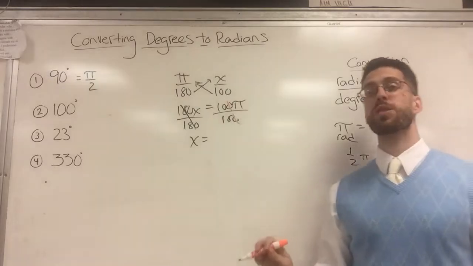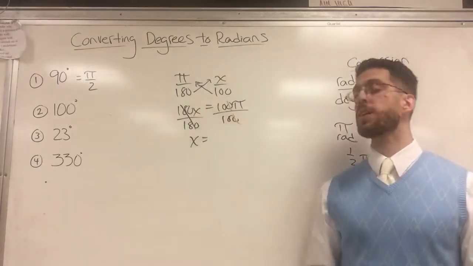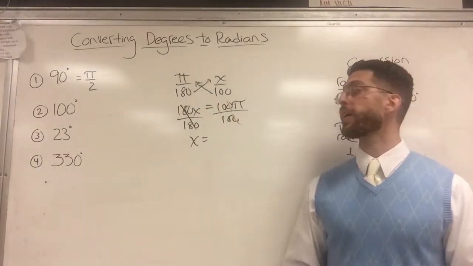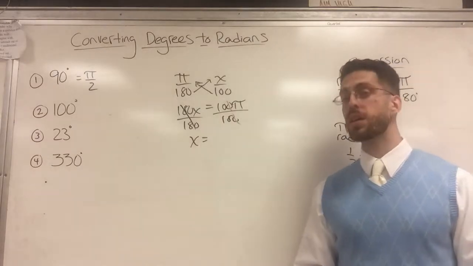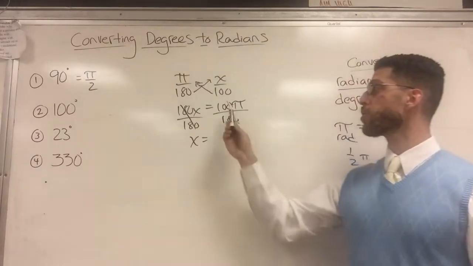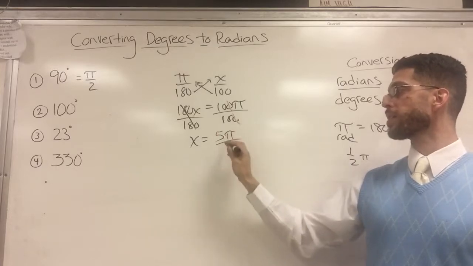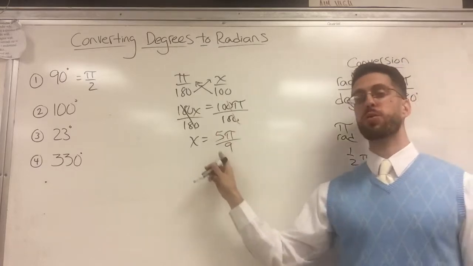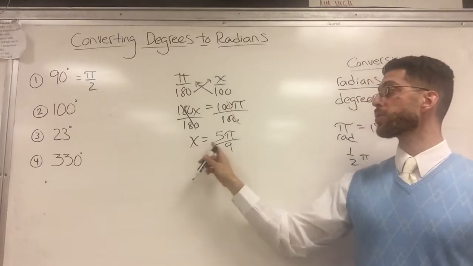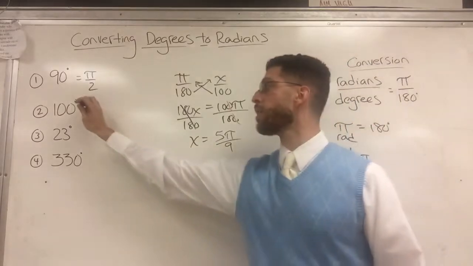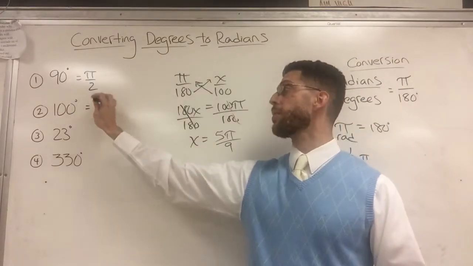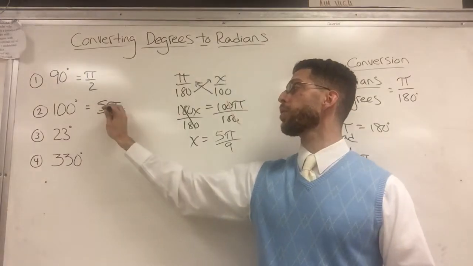So I'm going to cross out the zeros. Now I'm looking at 10 over 18, and my greatest common factor happens to be 2 this time. 2 goes into 10 5 times, and 2 goes into 18 9 times, and I cannot reduce any further than that, so x equals 5 pi over 9. So that means 100 degrees is the same as 5 pi over 9.